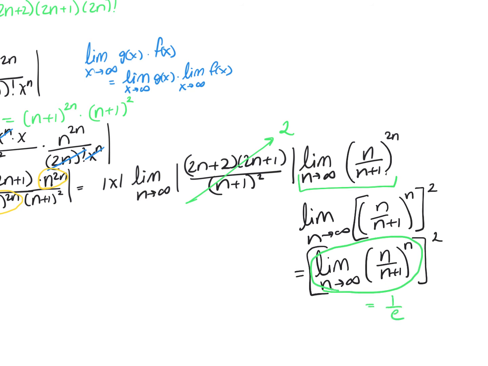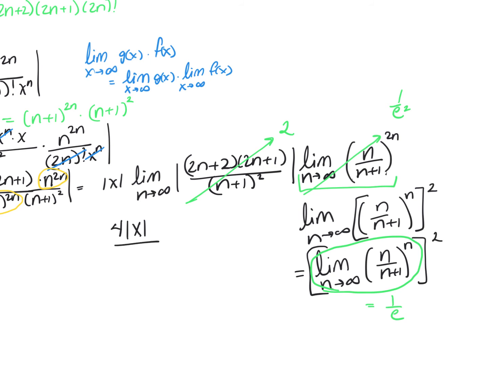I believe we proved that in our Calc 1 class? If you didn't, that's okay. Write that down in your notes. That's something that is, quote, known. So then this ends up going to 1 over e squared. So I have the absolute value of x times 4.